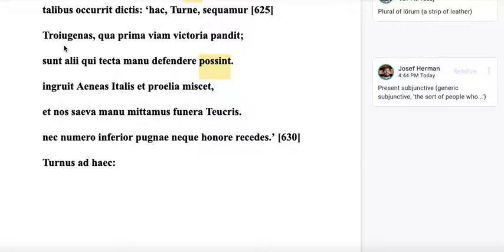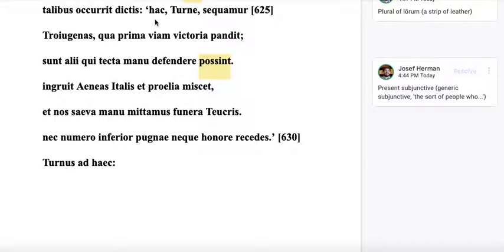the Troiugenas. This literally means the descendants of Troy, the people born from Troy. Let's follow, sequamur, the Trojans, basically, Troiugenas. Hac. Now, hac is ablative singular feminine, and Virgil has kind of missed out the word via.